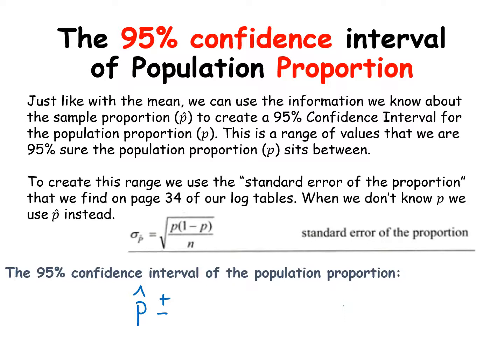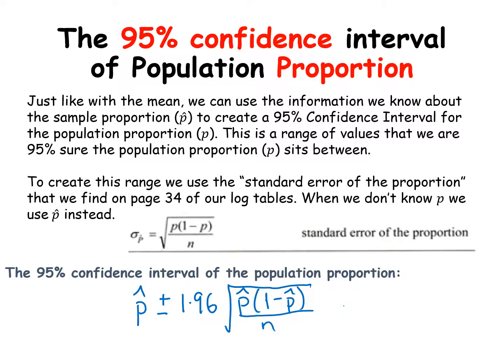Because we're dealing with 95% confidence, we're going to talk about 1.96, and give or take 1.96 times this piece, that is going to be the standard error of the proportion. Because I won't know p, I'm trying to do the interval for p, we're going to use p hat in this formula instead, and it will look something like that.